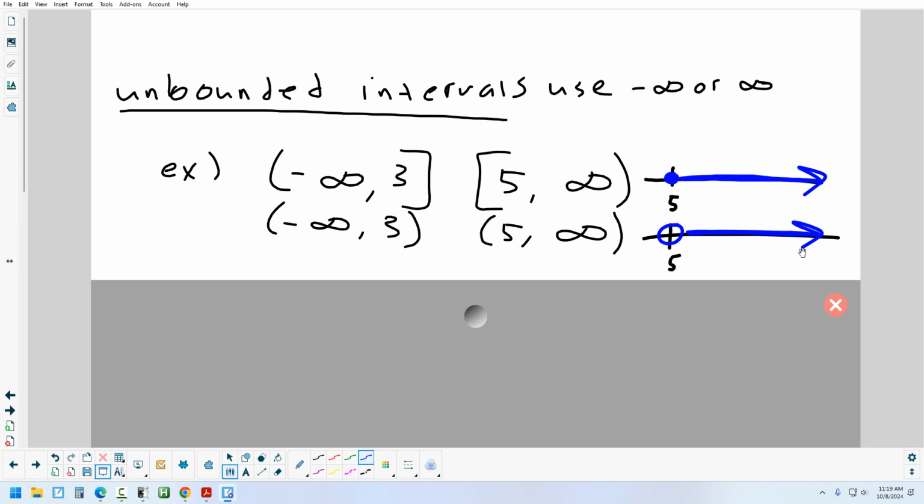Or if your interval was negative infinity to infinity, that's an arrow both directions. Okay, so any question on the difference between the words bounded versus unbounded and open versus closed? They might ask you to describe an interval using those terms.